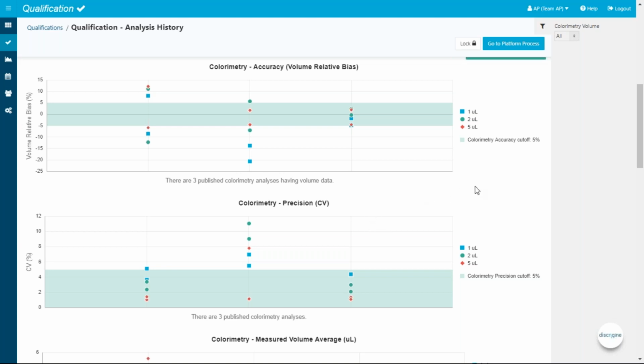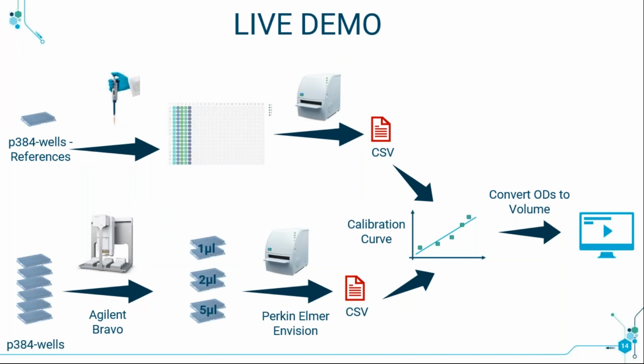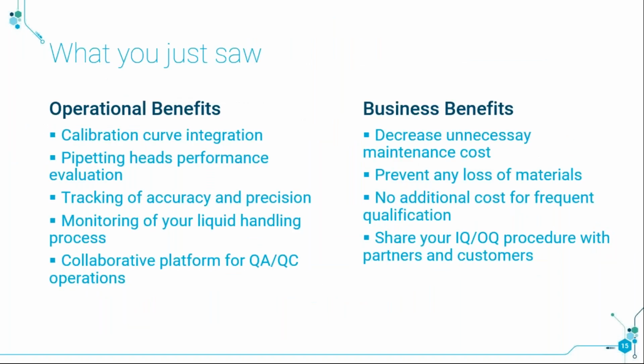So if I go back to my slide deck, yep. So what you just saw here is that you can easily integrate calibration curves. So the feedback we had so far was that it was only possible to do it within Excel.